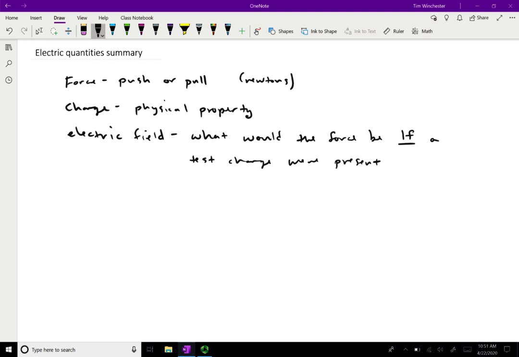The other way that we could think about the electric field was that we could think of it as the invisible agent that transmits electrical interactions.